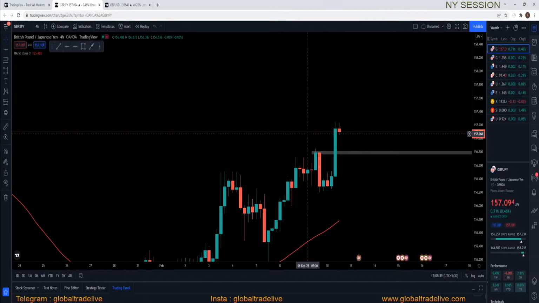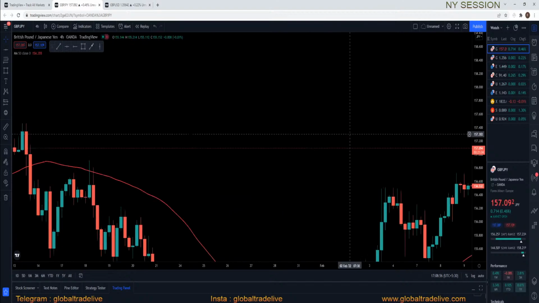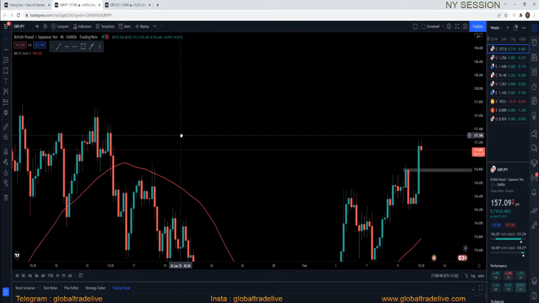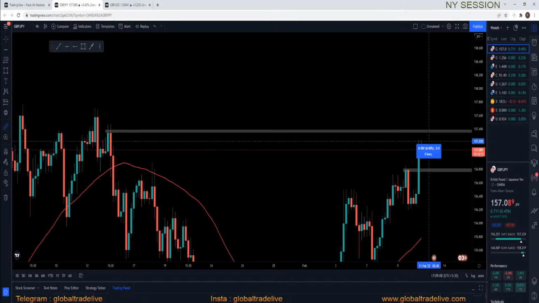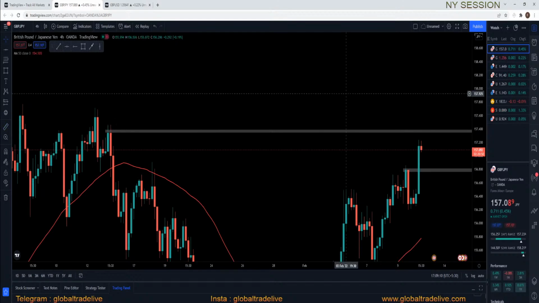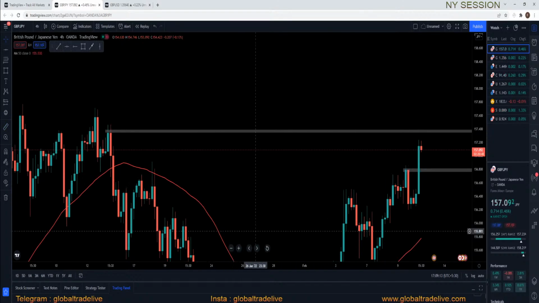This 4-hour candle has 2 hours 21 minutes left to close, and I'm going to look at the lower time frames to check whether the 4-hour is about to reverse back or whether it will continue to move up. So this is the area over here. If it starts to go up from here, let's see what the target will be. I think the first target will be over here, these wicks. This range is about 13-14 pips. So the range is not much for the bullish bias in the 4-hour.